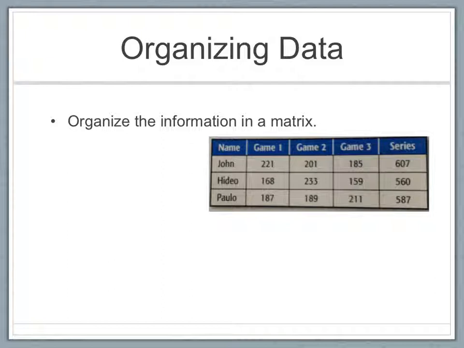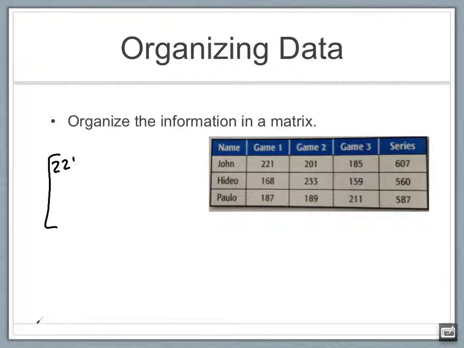Okay, last thing. You're going to have to be able to organize data in a matrix. So here we're given a table. It says organize the information in a matrix. This is probably as easy as you would think it could be. All we want to do is take the information from the table and put it in a matrix.